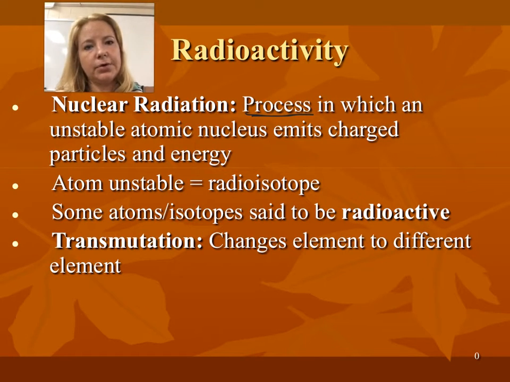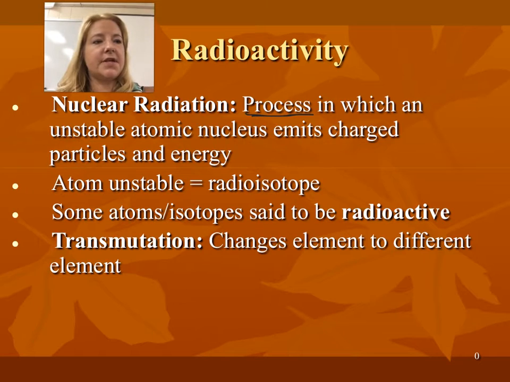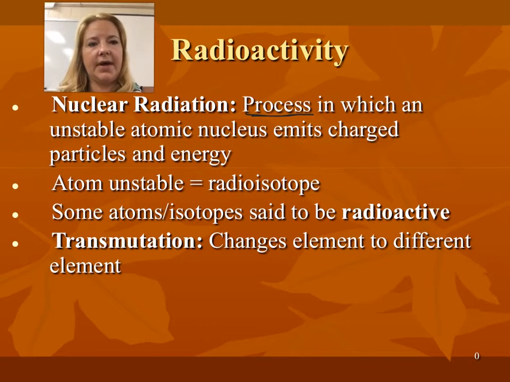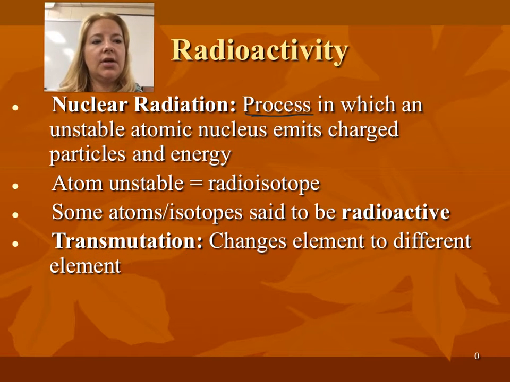They break apart the protons and the neutrons that are in that nucleus. So some atoms and isotopes are said to be what we call radioactive. So they emit a charged particle. That's what radioactive means. And so we call this process transmutation. We're going to look at transmutation, where it changes the element to a different element.